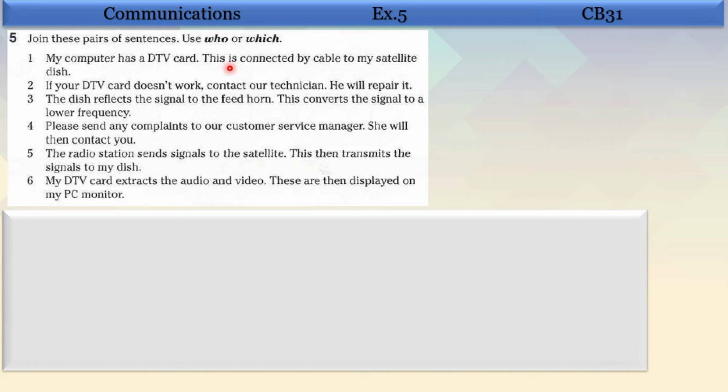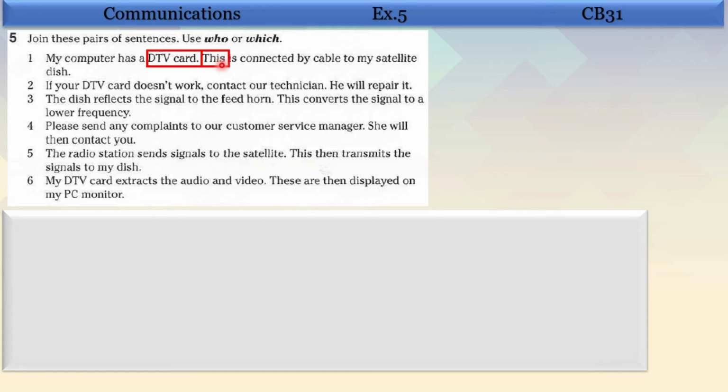This is connected by cable to my satellite dish. What is the object at the end of the first sentence? DTV card. Very good. Now, what is the subject of the second sentence? This. This is used in place of DTV card.